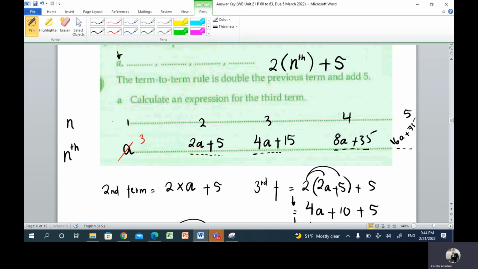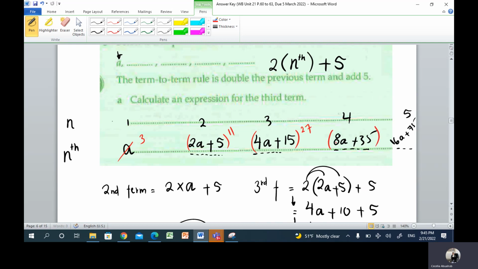Here, 2a means 2 times 3, which is 6, and 6 plus 5, so this one will be replaced with 11. 4 times 3, because a is 3 and 4a means 4 times a. 4 times 3 is 12, 12 plus 15, so this one can be replaced with 27.